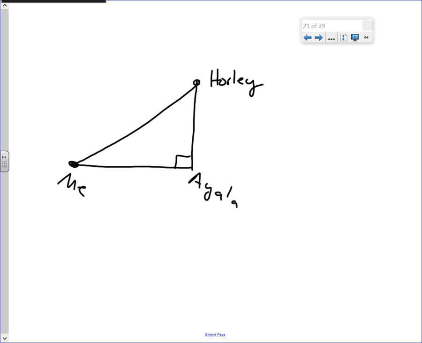I'm standing here looking at Ayala. Let's say my angle from Ayala to Miss Horley is 36.87 degrees. Then I know the ratio between Ayala and Horley and Ayala and me is going to be 0.75.